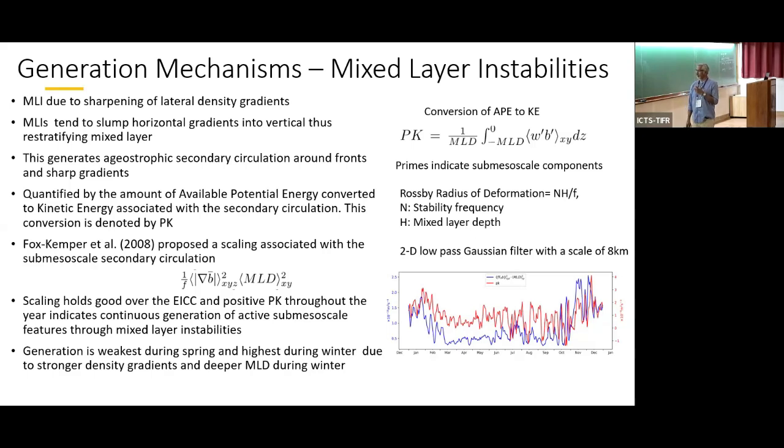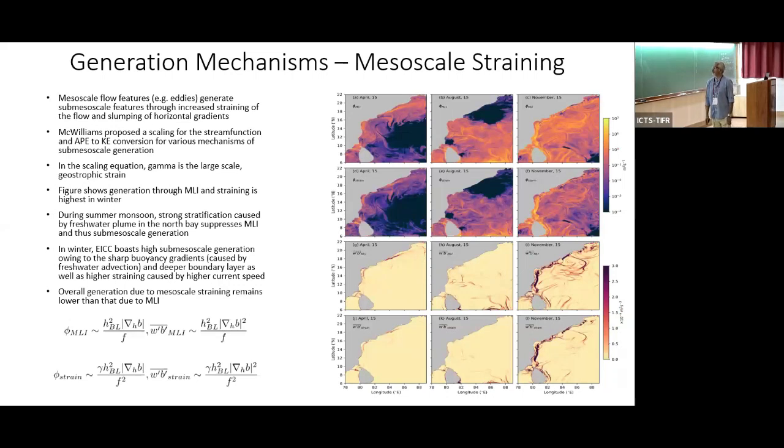So the thickness of the mixed layer and the strength of the buoyancy gradient can be used, and that is given as this blue curve shown here. Whenever the submesoscale activity is very strong, the scaling proposed by Fox-Kemper matches well with the energy conversion. The generation of the mixed layer instabilities is very low during the spring months, picks up slightly again during the summer monsoon time, and peaks again during the winter monsoon.